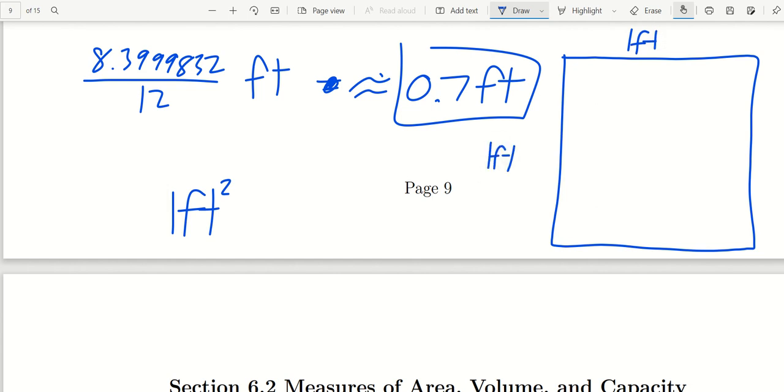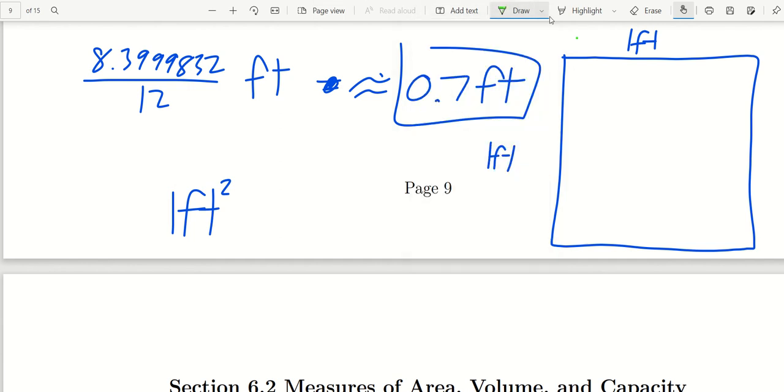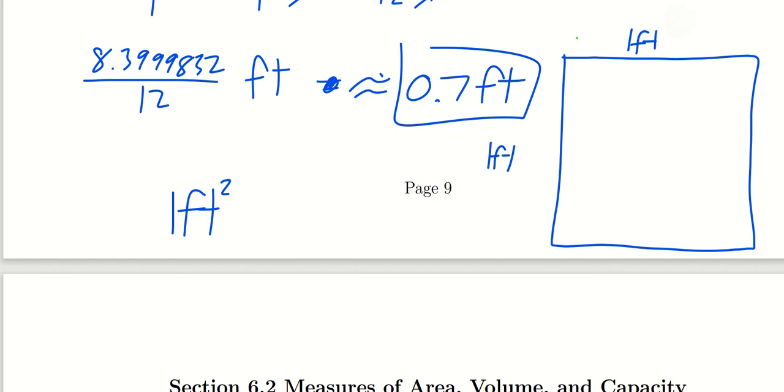Now if we think about subdividing the sides of this square, remember, 1 foot is equal to 12 inches. So if I break this side apart into 12 equal pieces, 1, 2, 3, 4, 5, 6, 7, 8, 9, 10, 11, that gives me the 12th one.